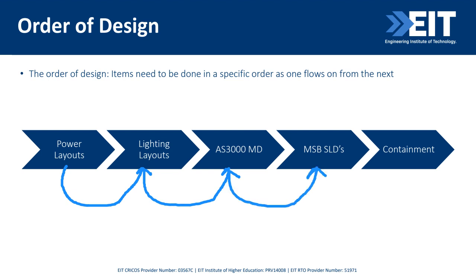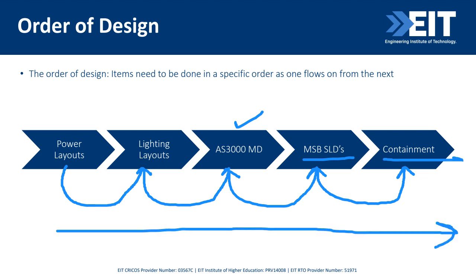And that allows us to finish our single line diagrams, because by then we've got the loads, so we can size our cables, we can measure our fault levels, our voltage drop, and finish those switchboard designs. And by then we can do our containment. So often that just needs the information such as how big are your cables and how many. So once we know our load, we can size our cables and size the containment. So this is the normal order of design.